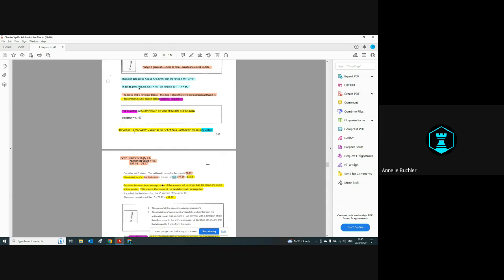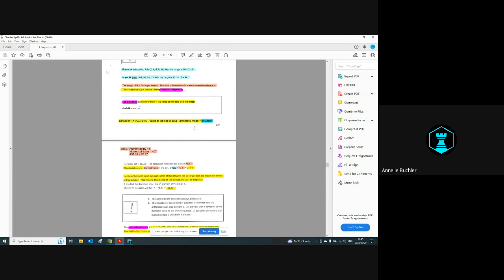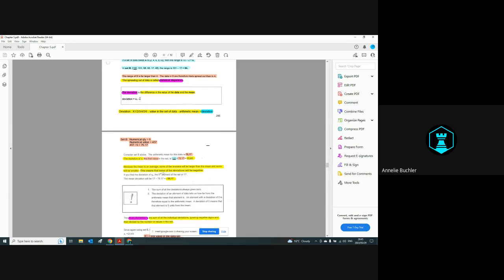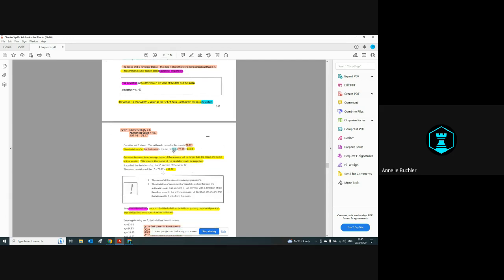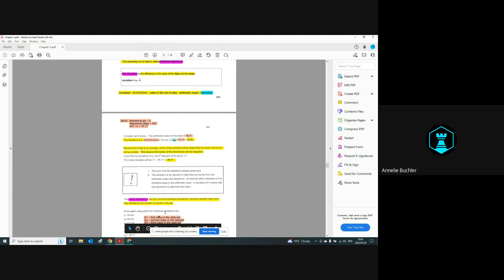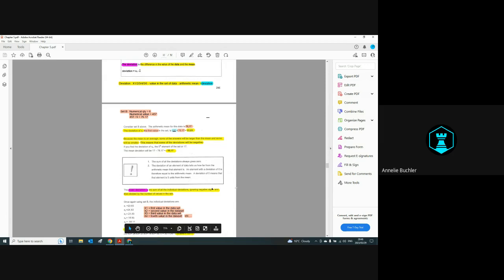Then you basically take the first value and subtract it from your arithmetic mean. So you do your first value, your second value, your third value, as indicated below. You deduct each from your arithmetic mean, and then you get your answer. You can see over there, x1 is 23.83.